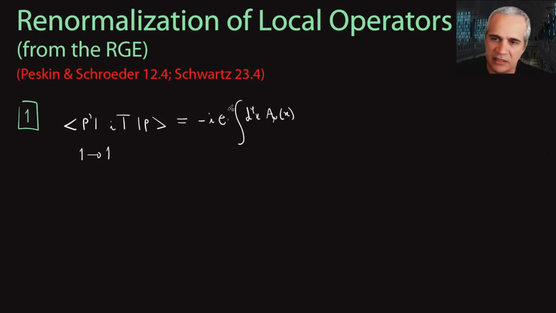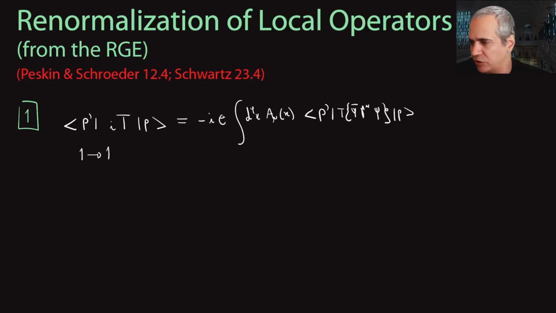This is the coupling, and you end up calculating only this matrix element between p and p prime of the current. What stays here is some psi bar gamma mu psi operator. This is just what we call J mu.